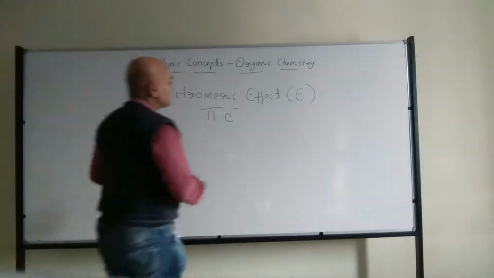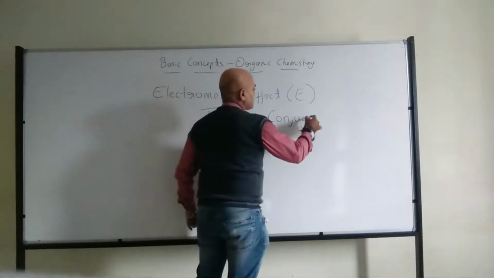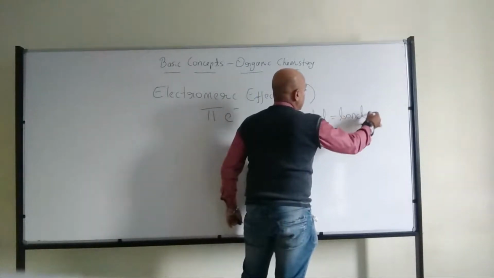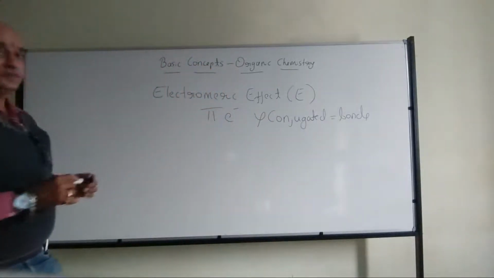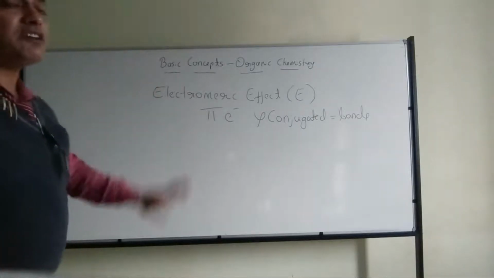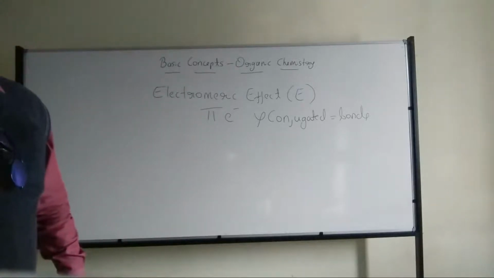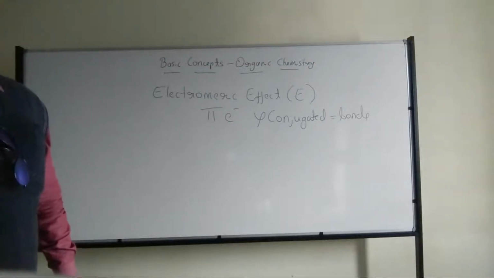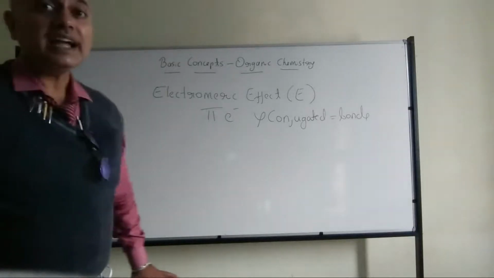In resonance, there was a requirement of conjugated double bonds, which is not required in electromeric effect. There is just a requirement of pi electrons, that's it. No requirement of conjugated double bonds, which was required for the molecule to show the resonance effect. That's where the difference between electromeric effect and resonance effect lies.